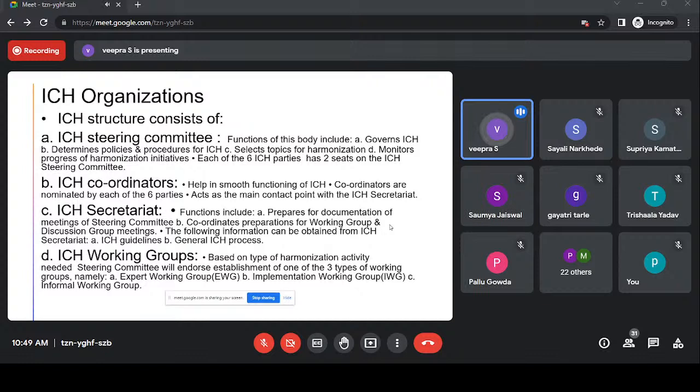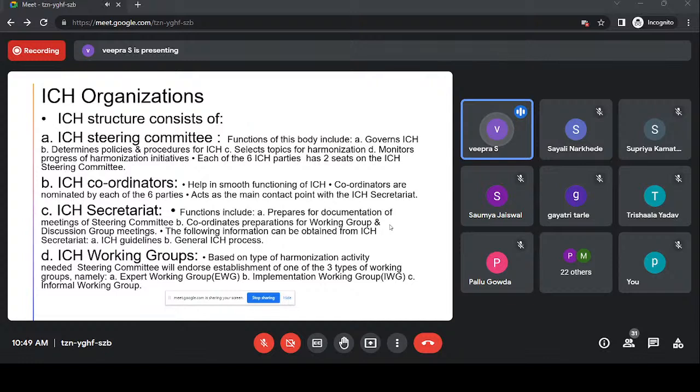Then these 6 ICH parties, the founder members European Union, Japan, US, which contain industry and the regulatory authority, have 2 seats in the steering committee. Okay, they always have 2 seats in the ICH steering committee. So that is one part, the ICH steering committee.